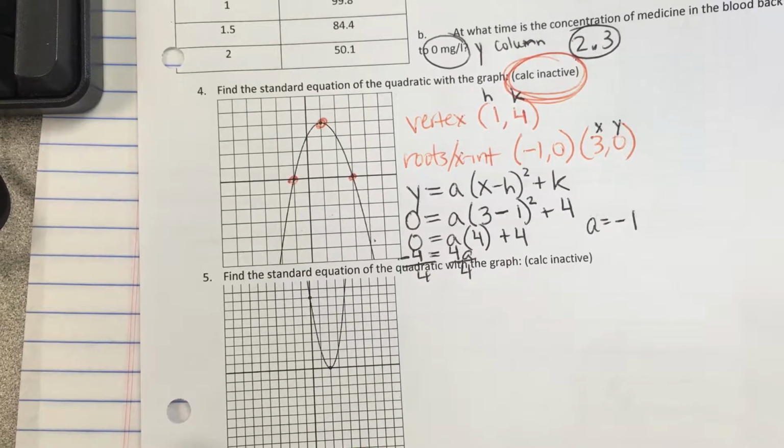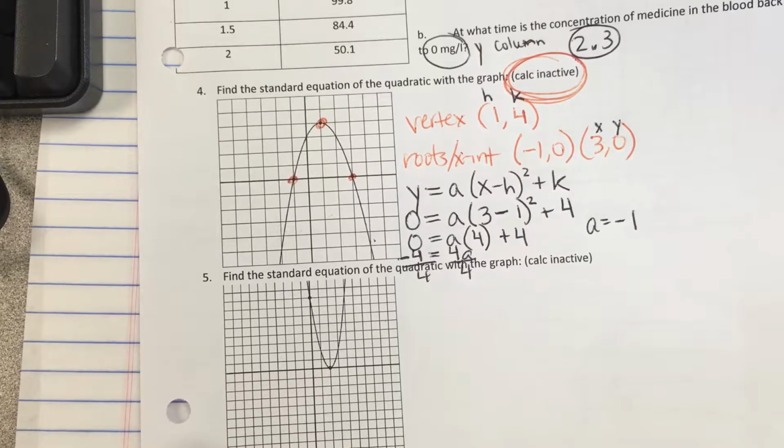That's the standard pattern. We did that last week. For the standard pattern, your a value is 1. Now in this case, it's negative because it's opening down. If it doesn't go by 1, 3, and 5, that means there's a stretch or a compression. Now, you can either do the algebra or you can look at the graph, whichever method works for you.